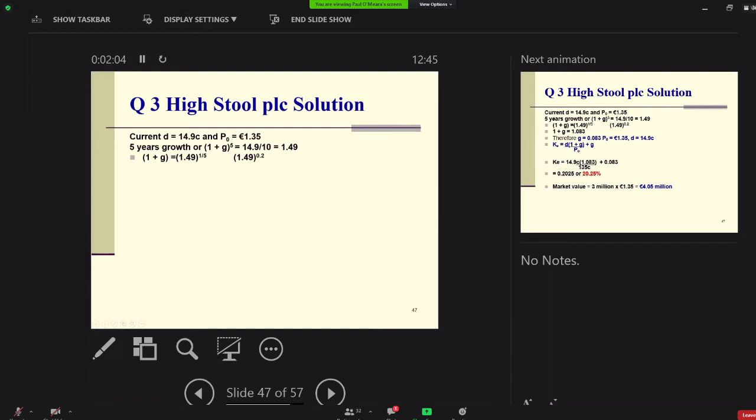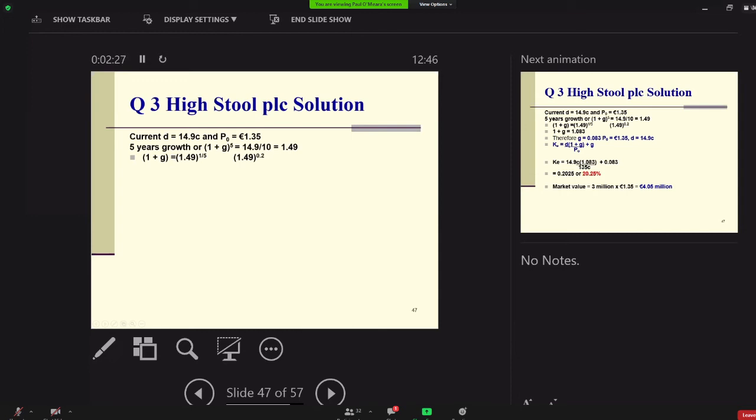You must do it to the left and to the right. So power of 1 over 5 is 0.2. 1 over 5 is just 0.2 in decimal form. Now you can use your scientific calculator to get this whatever way you want. You can use the 5th root, or the power function to the power of 0.2, whatever you want. Basically you get 14.9 over 10, you get 1.49. Then you look for the y to the x function and you input, let's say, 0.2.